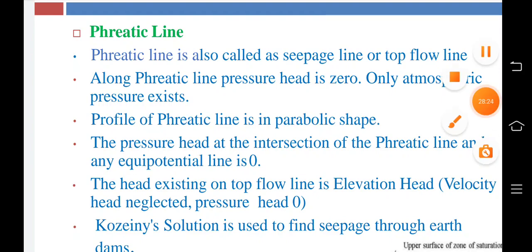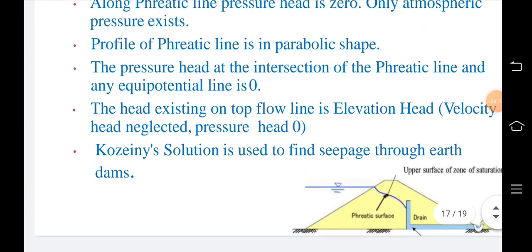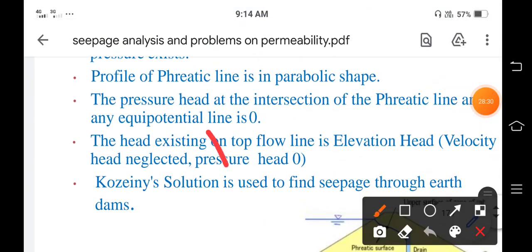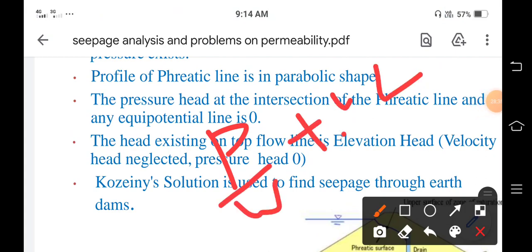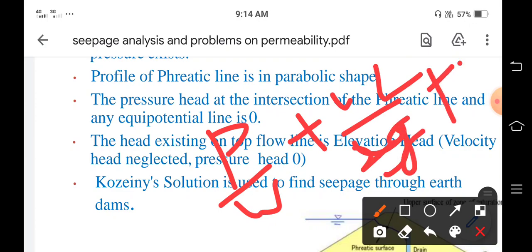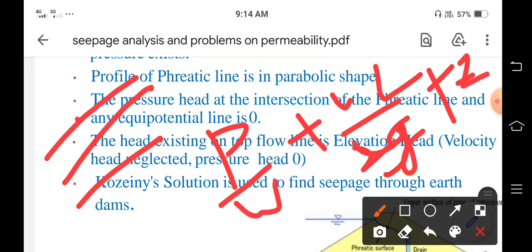According to Bernoulli's theorem, we know what the Bernoulli's theorem is: P by W plus V square upon 2g plus Z. You know what the phreatic line is: the top flow line among the flow lines is called the phreatic line.